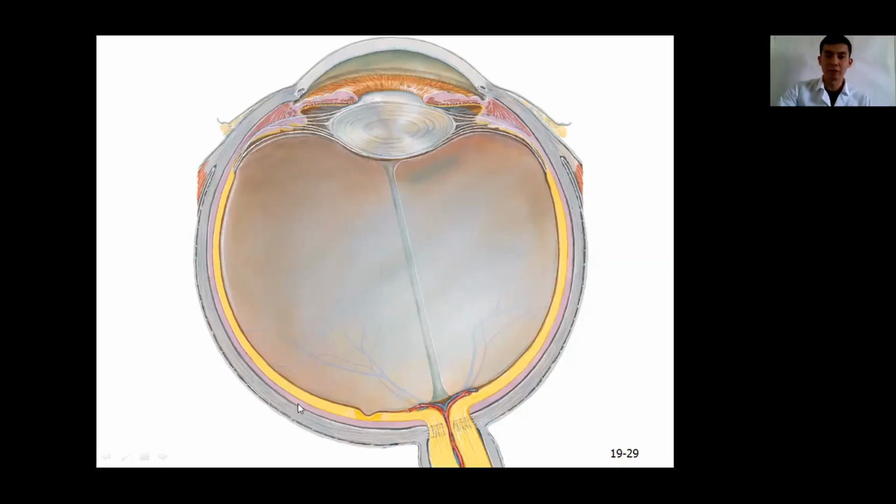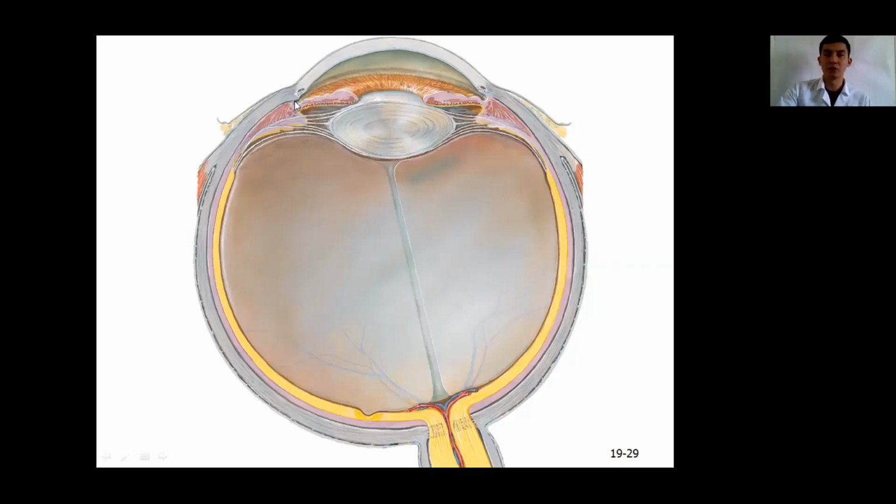The middle layer is represented by the choroid, ciliary body, and iris. The ciliary body is represented by the ciliary ring and ciliary muscles, which consist of two types of muscles: meridional muscles and circular muscles. Circular muscles are placed most inner.